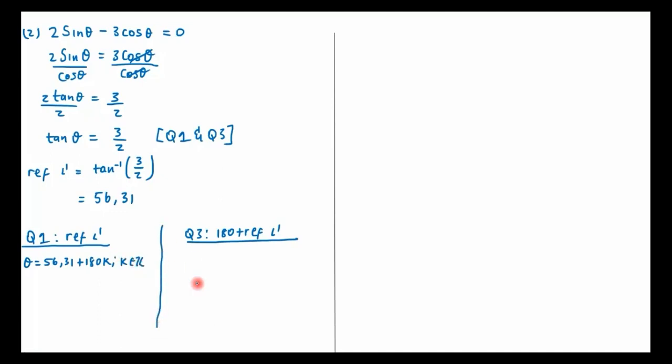And on the next one, we have theta as 180 plus 56,31 plus 180k, where k is an element of integers. After this, we add these two, and we get 236,31 plus 180k, and that is how we basically solve this one.